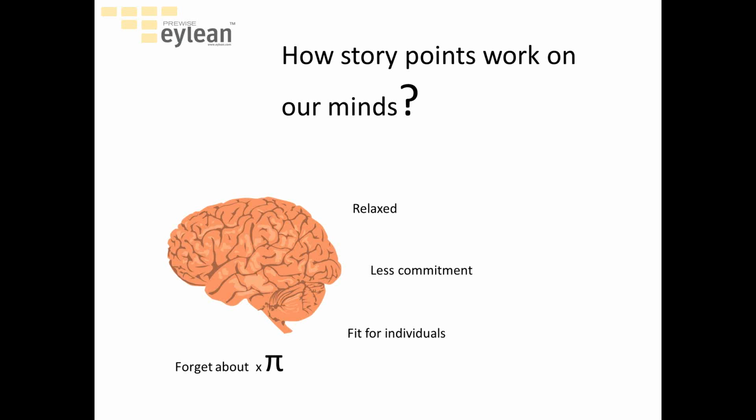The problem is that whenever a person is pushed into estimating in hours, he needs to commit himself to agreeing upon something. Then, as I've already said, he will try to be safe when estimating. There is even a joke you've probably heard, that everybody estimates and multiplies the estimate by pi.